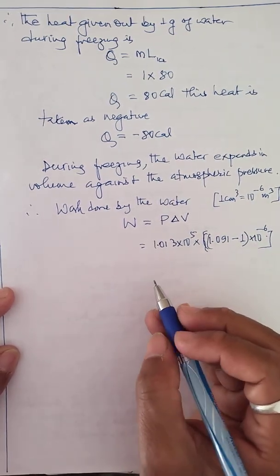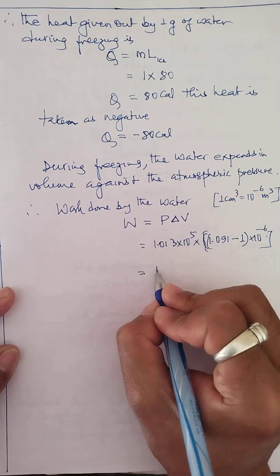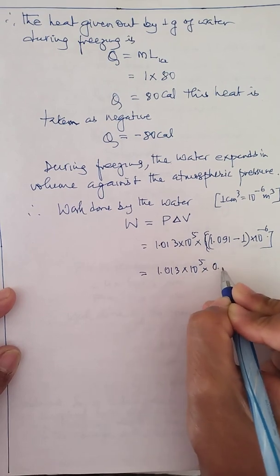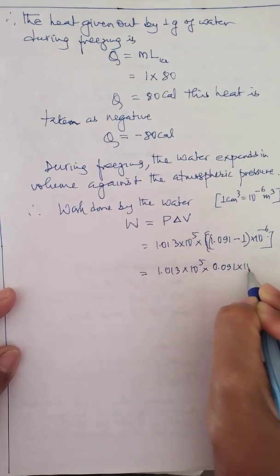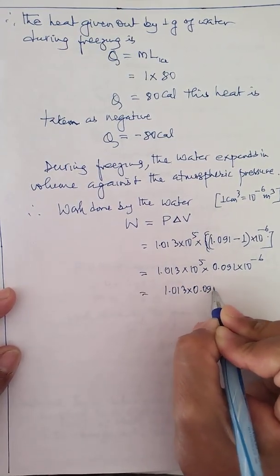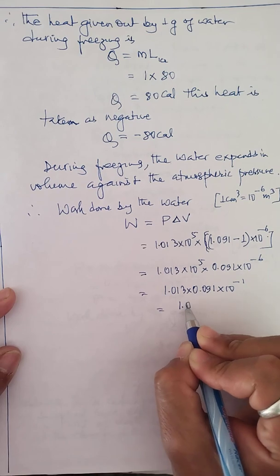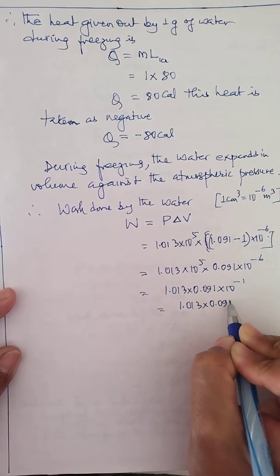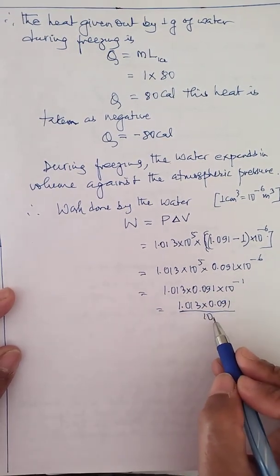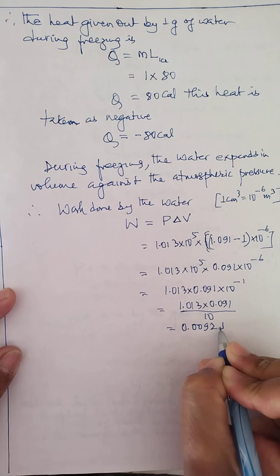Now let's do the calculation: 1.013 into 10 power 5 into 0.091 into 10 power minus 6, which means 1.013 into 0.091 into 10 power minus 1, so it goes in the denominator as 10. Multiplying these two and dividing by 10, you get approximately 0.0092, and the unit is Joule.